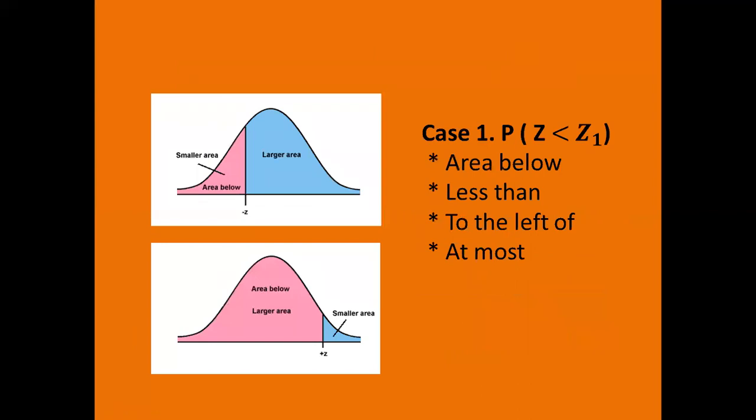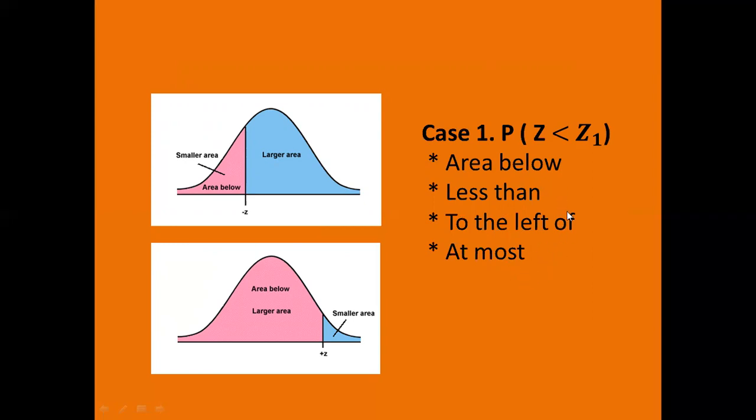The first case is when the given is the probability of the standard score is less than a particular value. Okay, less than. Itong relationship na less than. Okay, similar to this one, pwede rin natin sabihin na aside from the word less than, pwede rin we're looking for the area below, area to the left of, or probability that is at most.